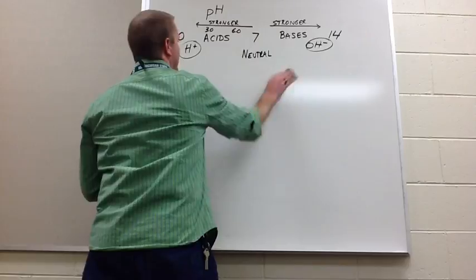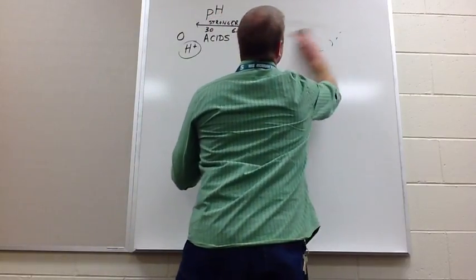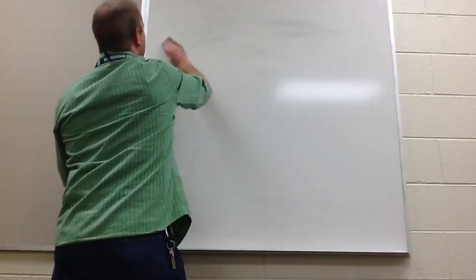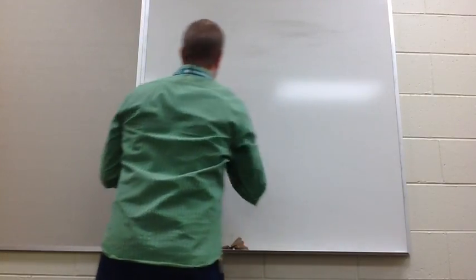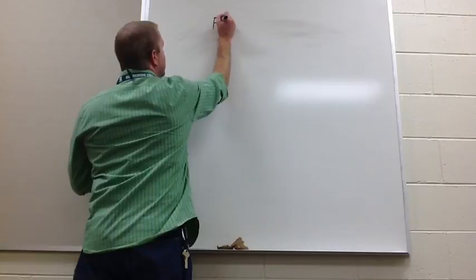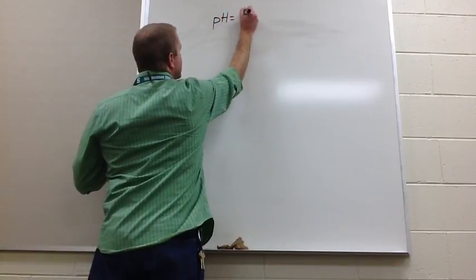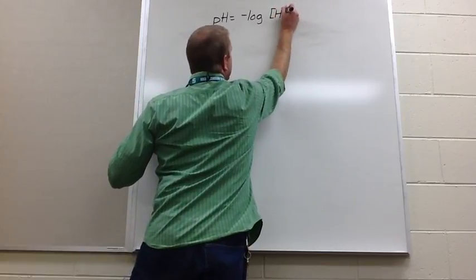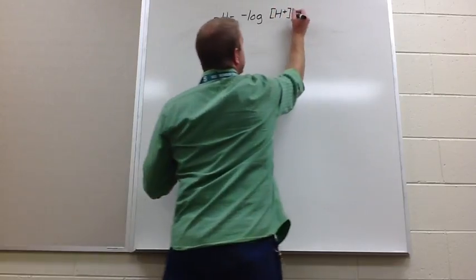Now, there are some equations that we have to use in order to do calculations involving pH problems. And those equations are as follows. The first one, pH equals negative log of H plus in brackets. Now, what does that mean?